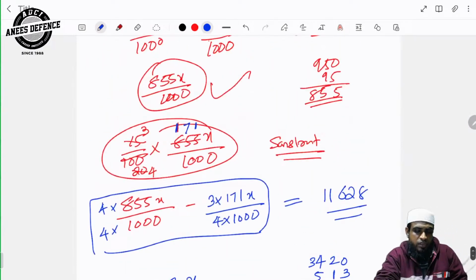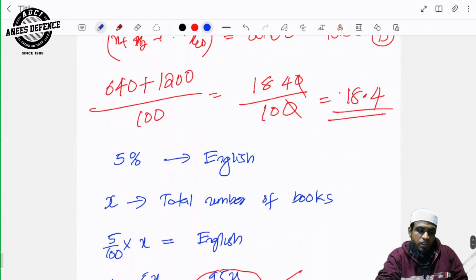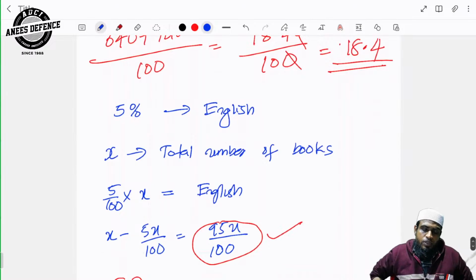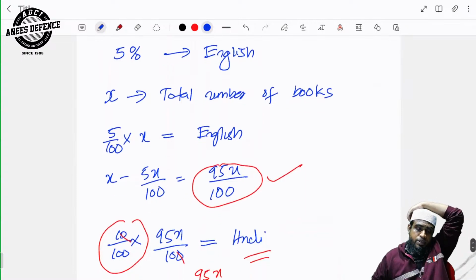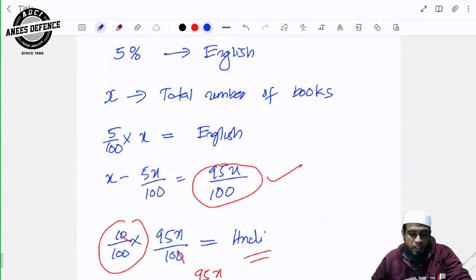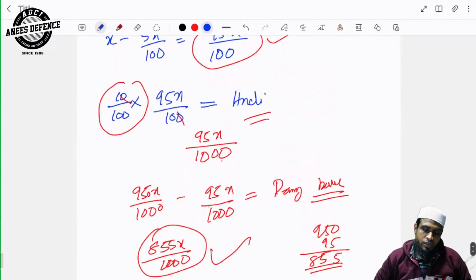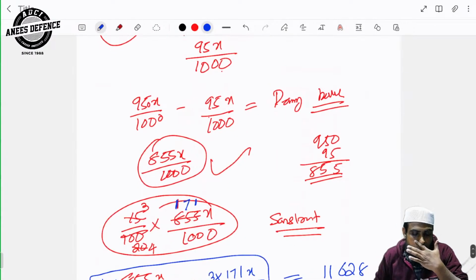So the question is a little bit lengthy. Actually, initially some books were there. 5% of those books is English, and there will be some remaining books. So that is 95x by 100. And 10% of the remaining books is Hindi. So again, the remaining books will become 855x by 1000. Then of these remaining books, 15% is Sanskrit.